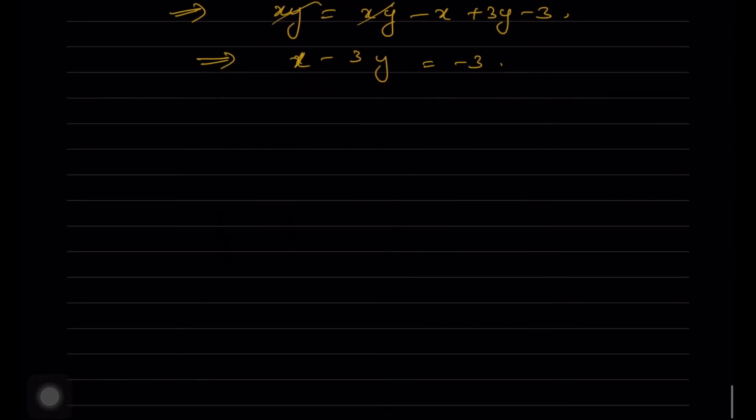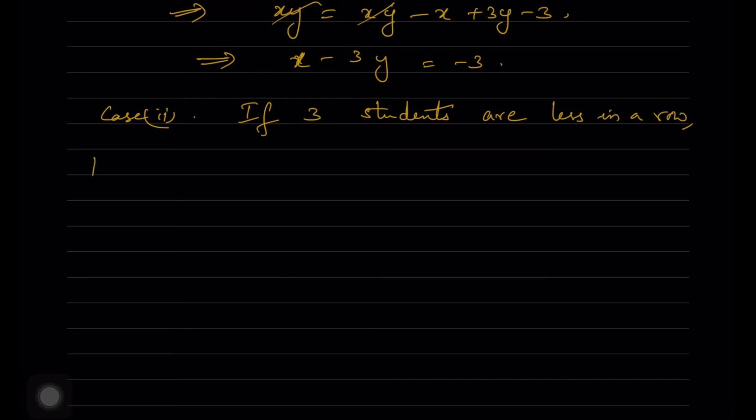Now case 2. If 3 students are less in a row, there would be 2 more rows. So if the value of x is decreasing by 3 students, and therefore the rows would increase by 2. So we have the students, x becomes x minus 3, and y becomes y plus 2.